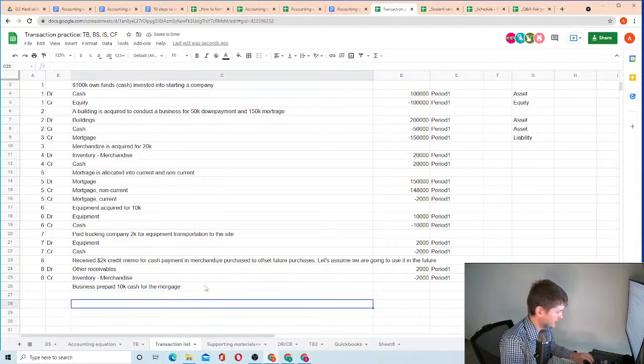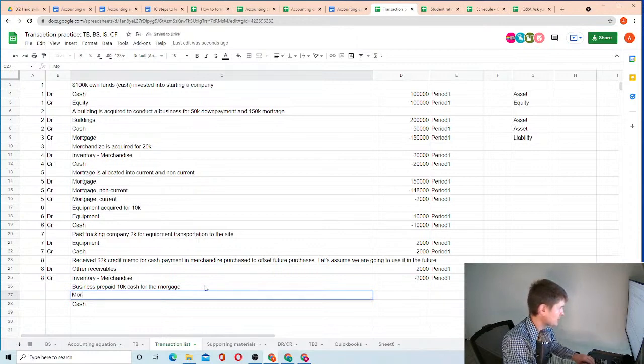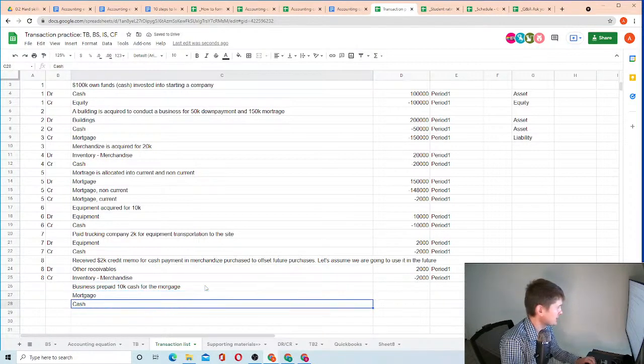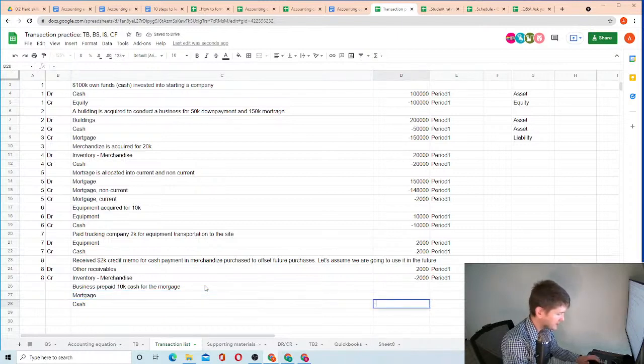So obviously the cash account is impacted and the mortgage account is impacted. It's 10,000 and our cash decreased by 10,000. So it should be a credit to cash because cash decreased and cash is an asset.